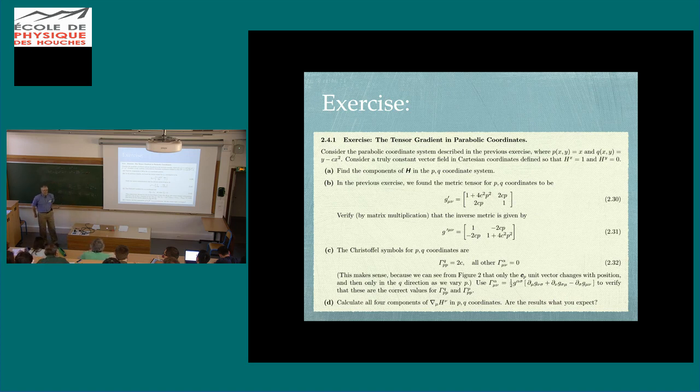Okay, so that tensor field doesn't look constant. But let's find out what its components are. I should say this is HQ, but let's express that in terms of the p coordinate.